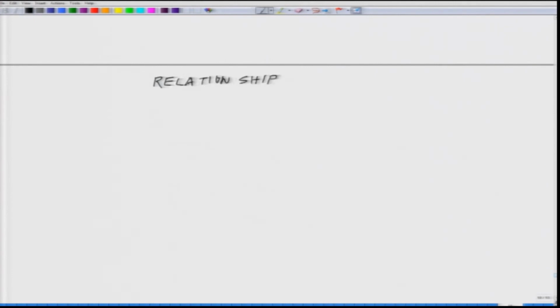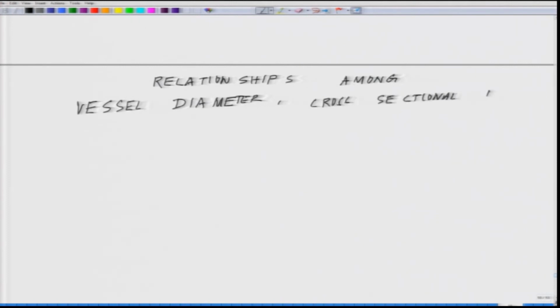A relationship among vessel diameter, cross sectional area, blood pressure and blood velocity.